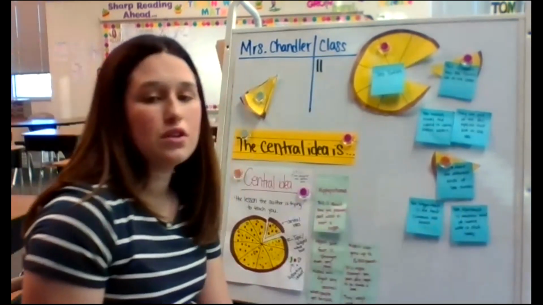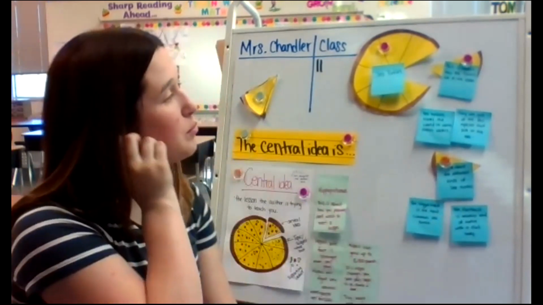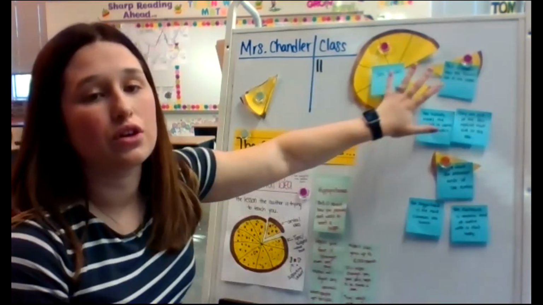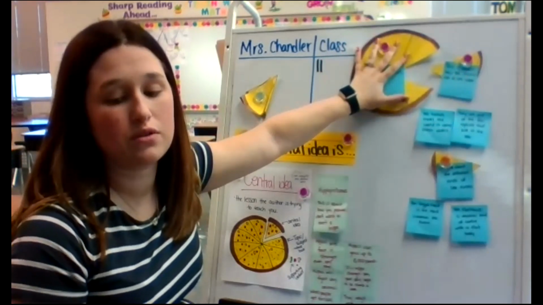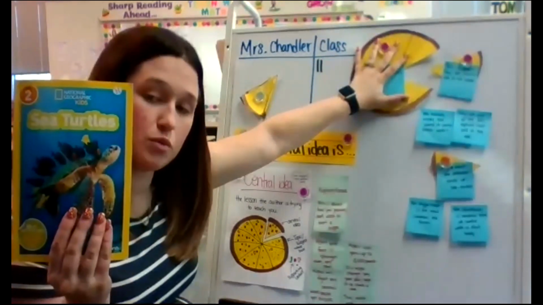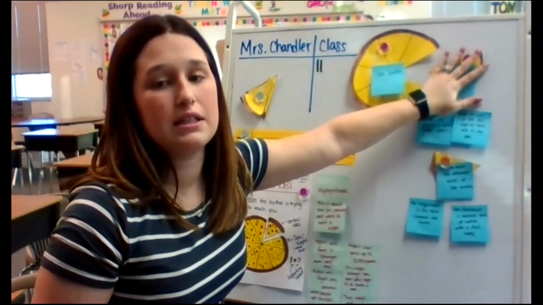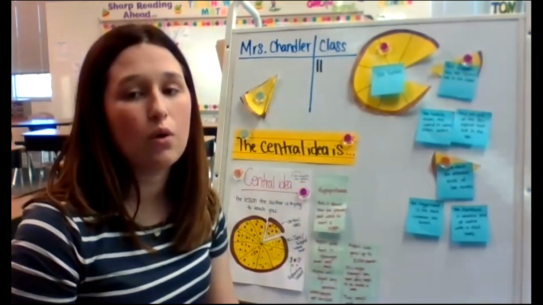Okay. So I want you to have a big takeaway, a big notice of how I had my subject, my topic, which was sea turtles. So that was the whole subject of this book. And then I took my central idea, and then I took my other central idea, and I added supporting details to go with it.